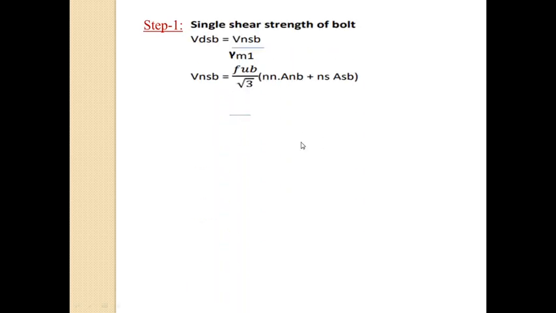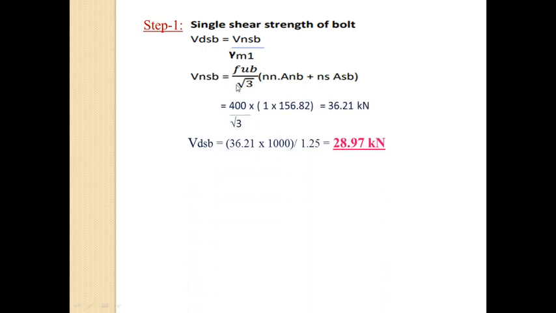So step number 1, we have to calculate the single shear strength, that is VDSB. We know VDSB is VNSB upon gamma m1, and VNSB is equal to FUB upon root 3 into (nn into ANB plus ns into ASB). nn is 1 and ns is 0, so this term is 0. Putting the values in the formula of VNSB, we get the value 36.21 kilonewton.